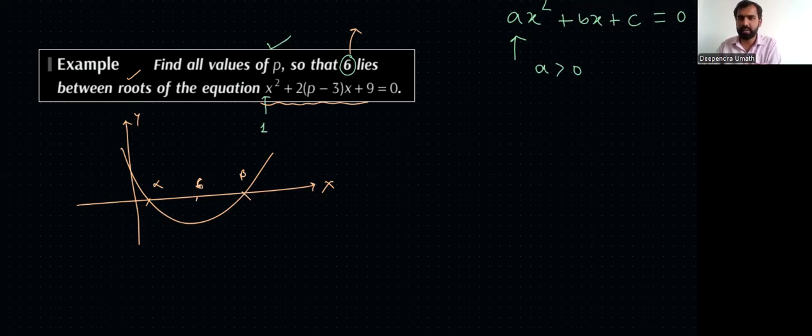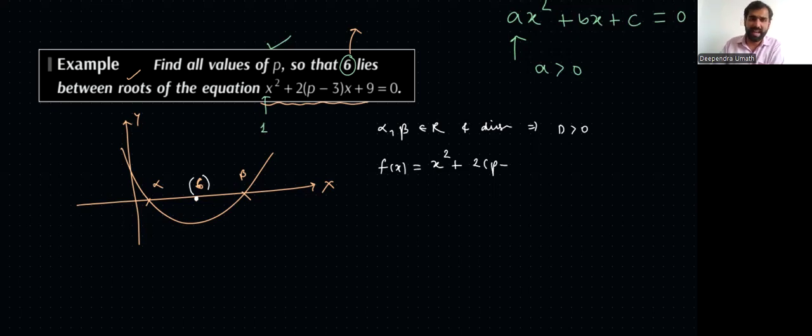First, the roots, let's say the roots are alpha and beta, should be real and distinct. That's the first condition. And when somebody says that the roots should be real and distinct, the discriminant of this quadratic should be positive. It should not even be 0, it should be positive. The second condition is about the value of this quadratic expression, let's say f of x, which is x squared plus 2 times p minus 3 times x plus 9.